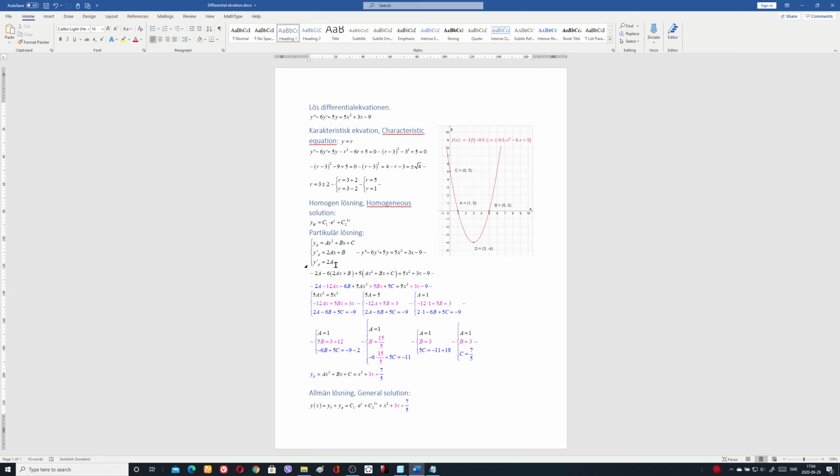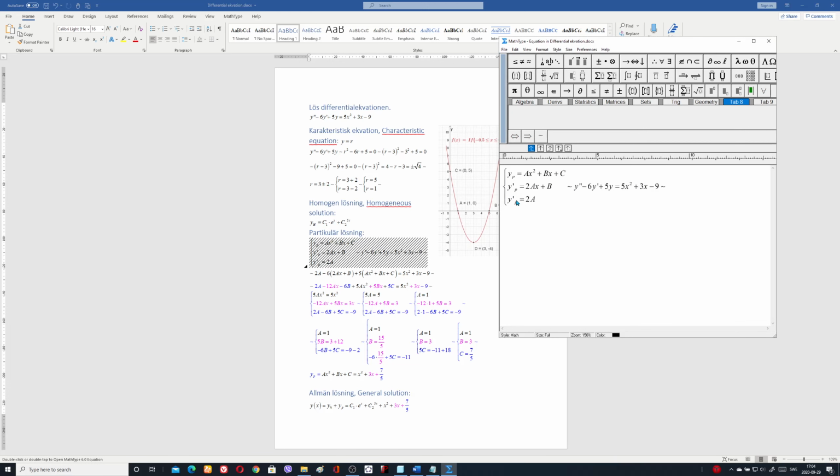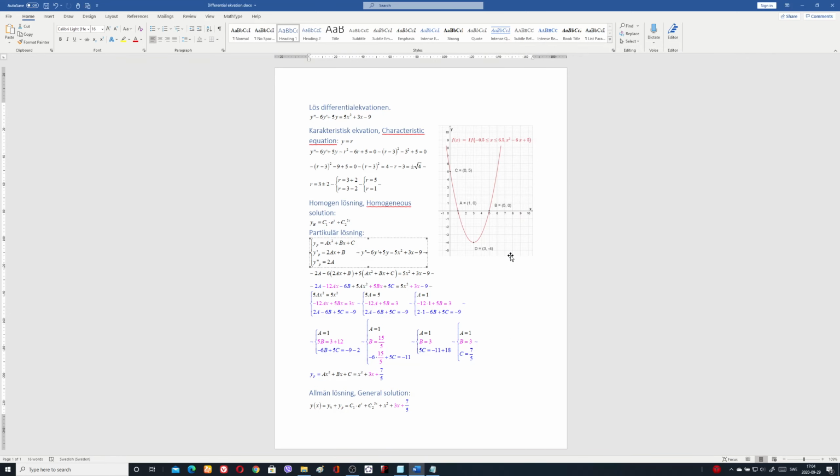And when I find the first derivative of this particular solution is the 2ax plus b. Okay, and this is the second derivative. I'm sorry, I did it wrong here. Okay, so now it's good. So now we will put this in this equation here.